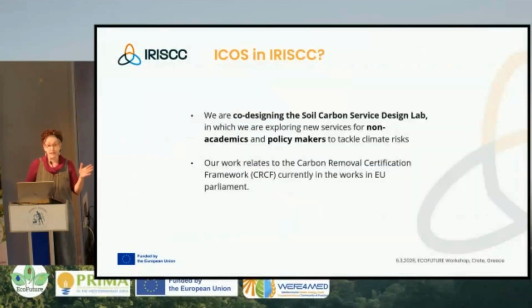So what is the project that we have named, ICOS-C? I collaborate with Nikos. Thank you for inviting Nikos. In this project, we are doing a lot of different things. The most important is that we are setting up a catalog of services for climate risks. So there are services provided by many, many different partners.